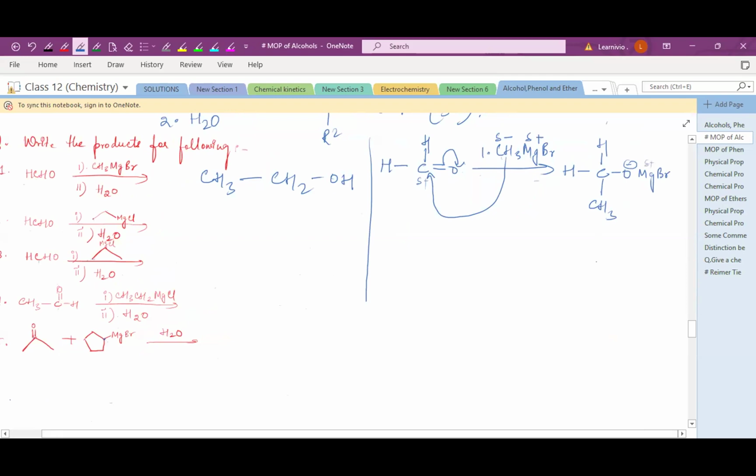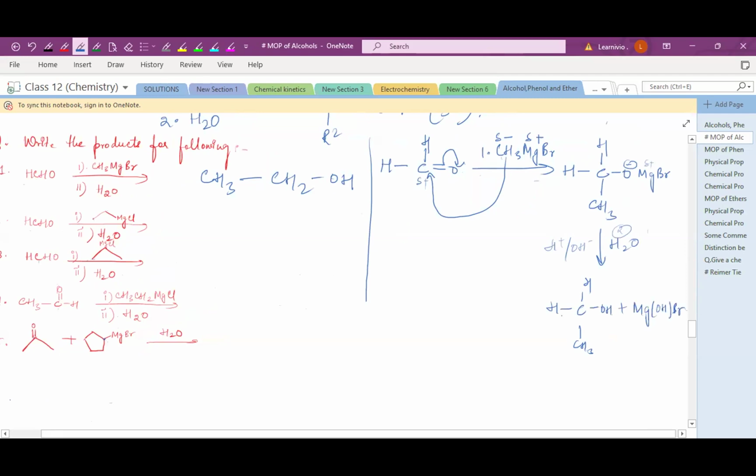Right. Now the second step will be the addition of H2O. H2O has H plus and OH minus ions. So H plus gets attached to the oxygen, which will give you H2C, CH3 over here, and here OH, plus MgOHBr. That will be your product.